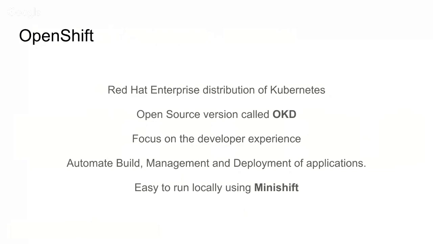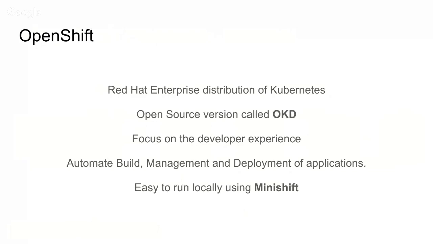The main focus of OpenShift compared to Kubernetes is the developer experience. It provides a lot of tools and makes it easy for a developer to deploy and automate deployment of an application into OpenShift.